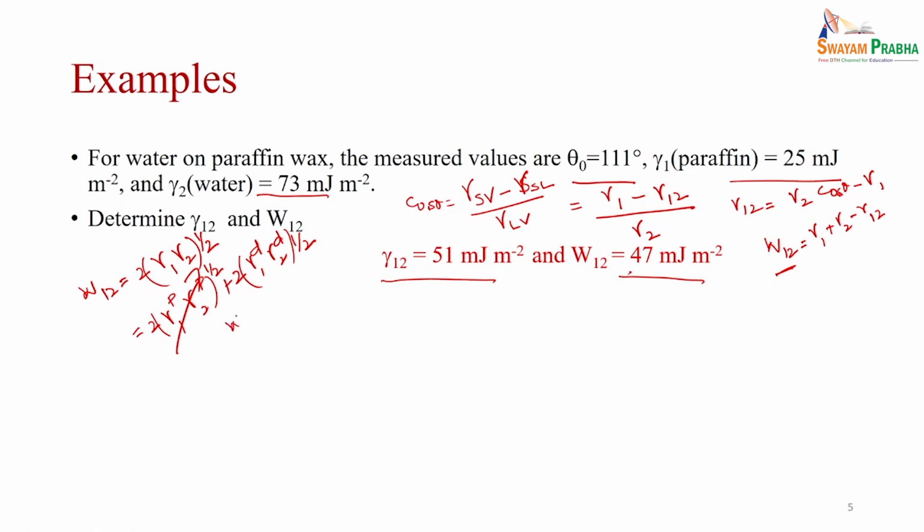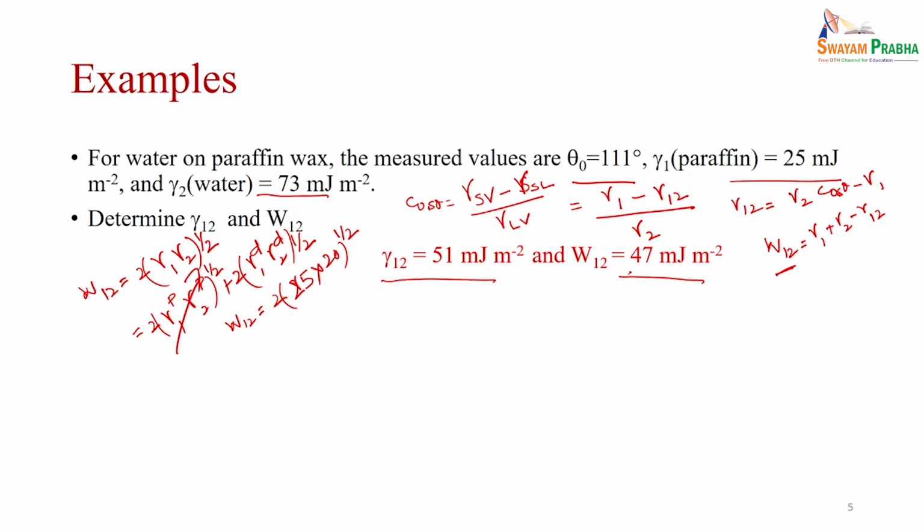So, W12 will be simply twice of the dispersive component of paraffin, exactly 25, into water 20, to the power half. If we calculate, we will get a very similar value as we calculated, 47 millijoule per meter square.